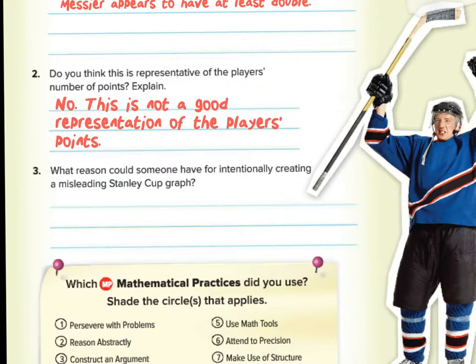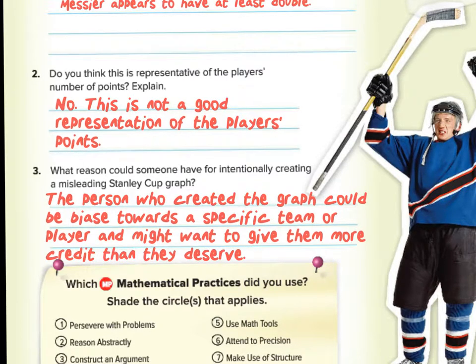So, what reason could someone have for intentionally creating a misleading Stanley Cup graph? Well, the person who created the graph could be biased towards a specific team or player and might want to give them more credit than they deserve.